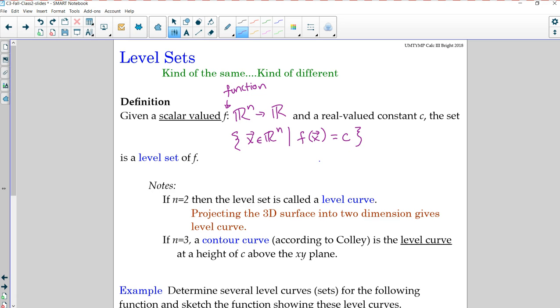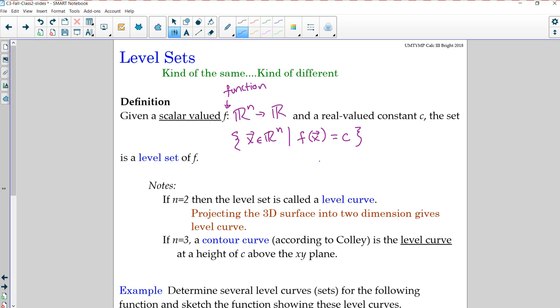Typically we're going to be working in 3 dimensions, so we just look at where that function is equal to a constant, where the constant is specified. And really, haven't we been doing this? Perhaps.